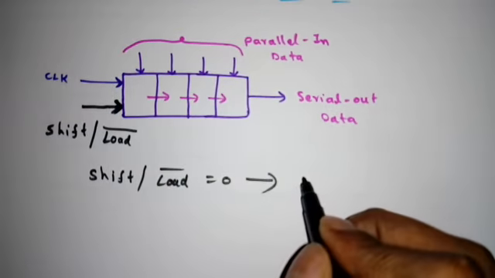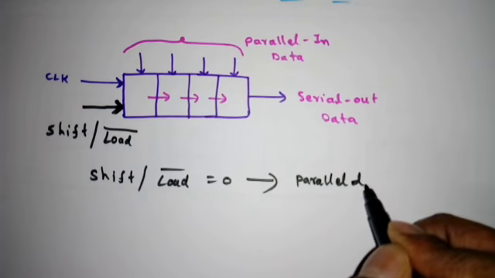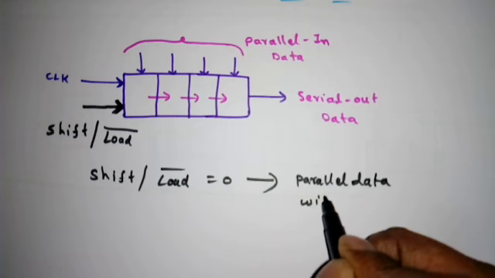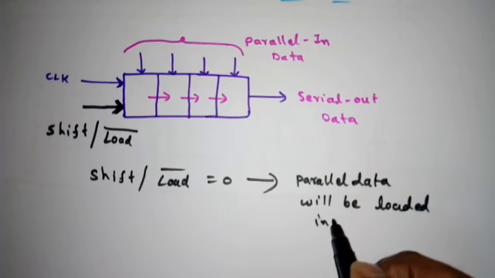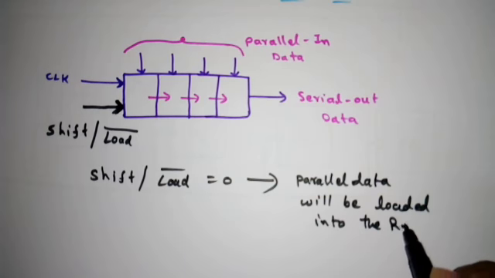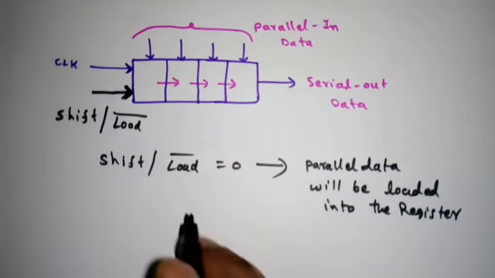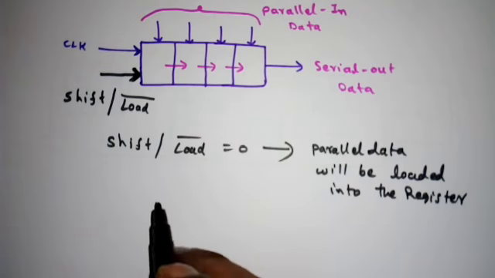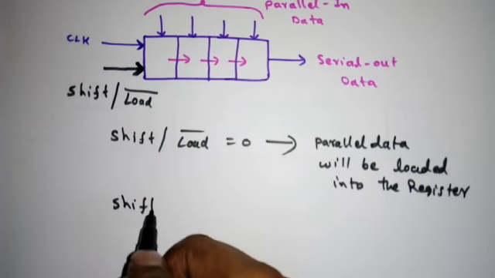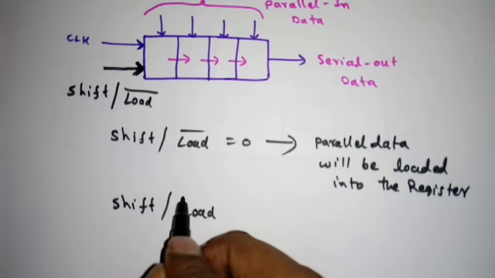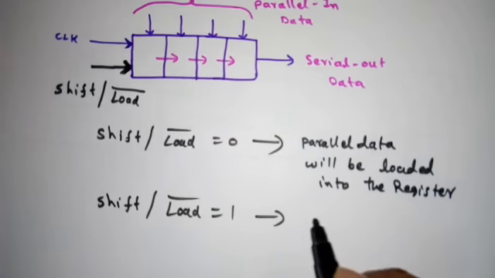The parallel data will be loaded into the register when shift or load bar is equal to 0. It's like a control input, or we can say a select line. When S is equal to 0, it will load the data. When shift or load bar is equal to 1, that means shift is equal to 1, so it will shift the data.